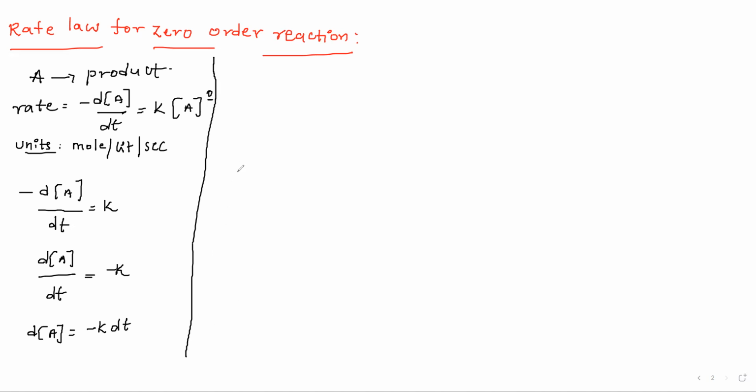So now we have to do integration on both sides. If we do the integration on both sides, what will we get?